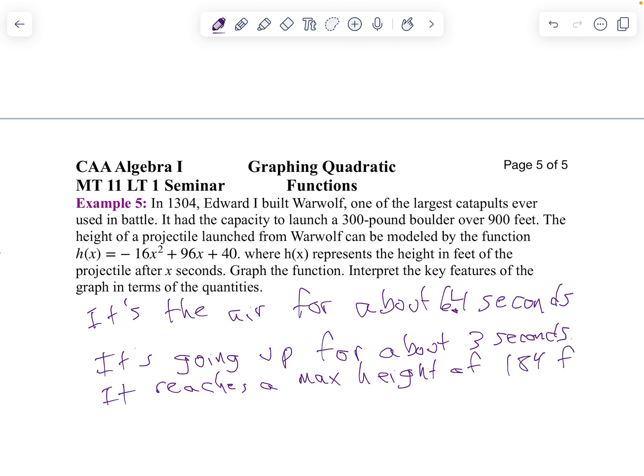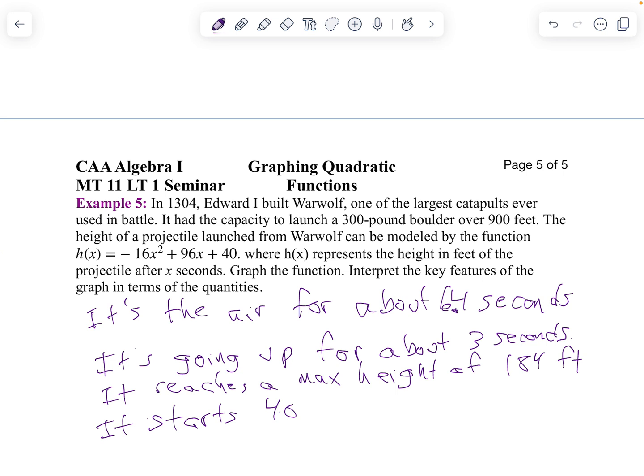In other words, it'll clear a wall that's 184 feet, provided you launched it at its maximum height. Okay? And notice it's not an easy one. In 1304, they didn't have a bunch of heavy equipment, so it starts 40 feet in the air. So the catapult starts 40 feet in the air.